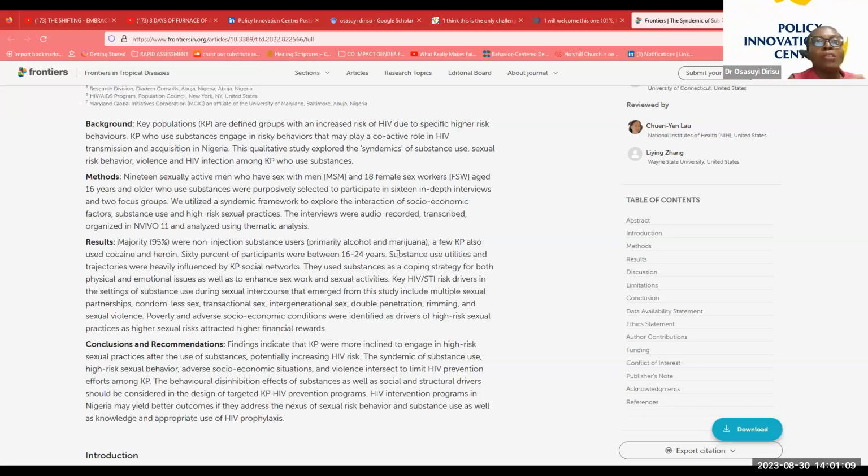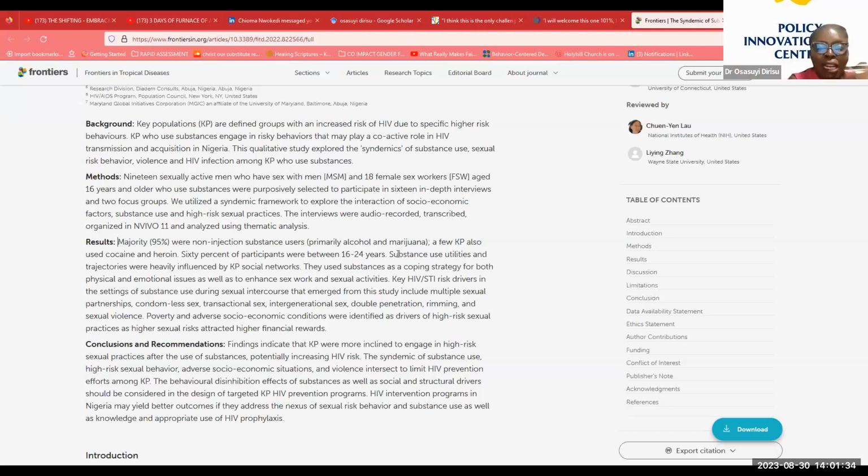So you now begin to summarize that. Because I didn't have space, this is not the time to start writing that condomless sex means this, transactional sex means this, for multiple sexual partnership, they did this and this. There's no time for this. The actual presentation will speak to that. So all you do is begin to bring them into cohesive sentences. They use substances as a coping strategy for both physical and emotional issues.